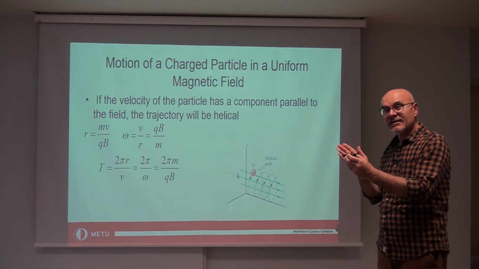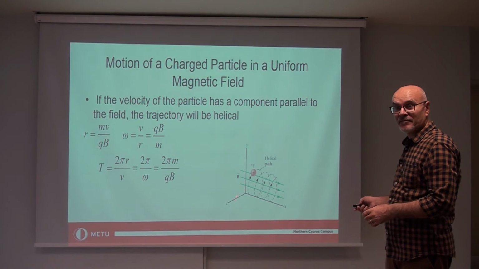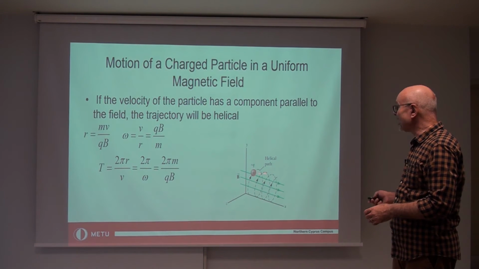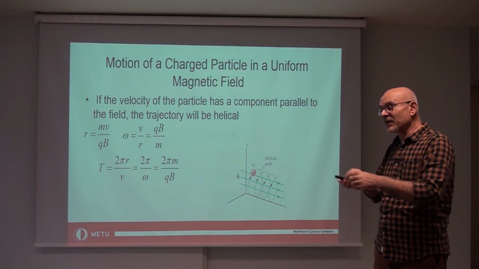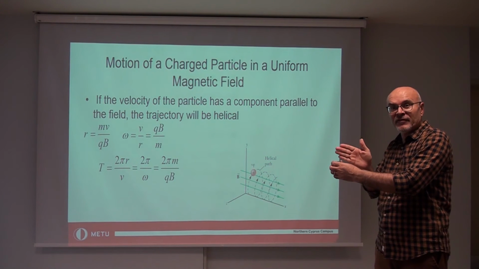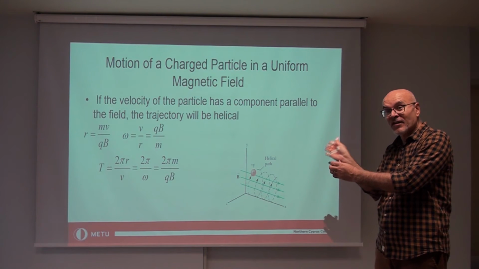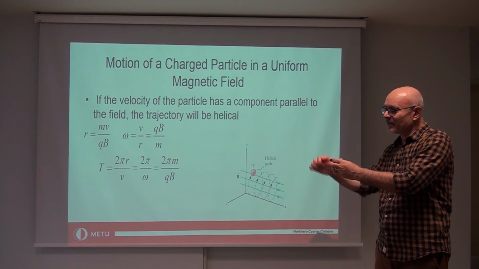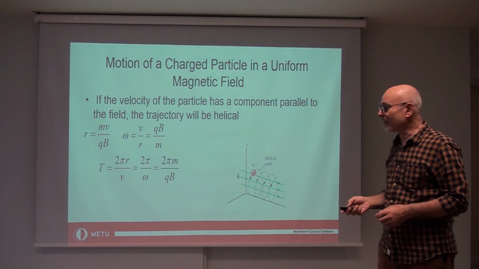In this case, the particle's path will be helical. The particle will move in a circle, but because of the velocity in the parallel direction, which is not affected by the field, that component remains. So it deflects, but it takes this path, which is a helix.